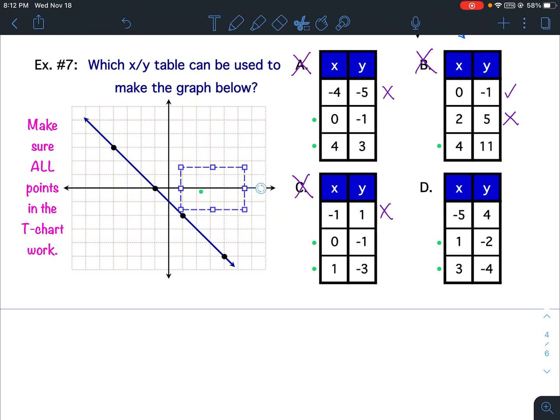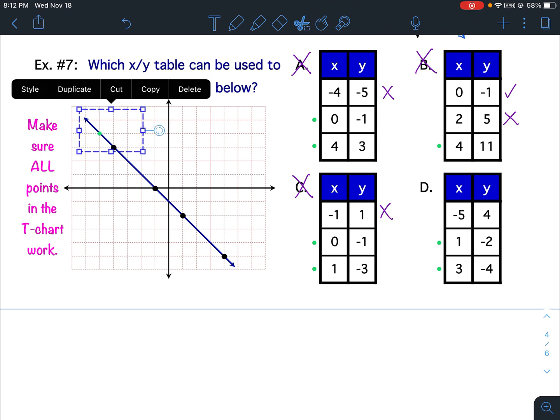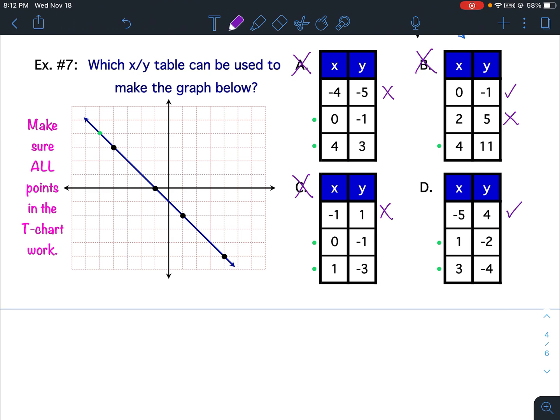So let's start with -5, 4. -5, 4 falls on the graph, so that one works. Put a check mark beside that. 1, -2. So over 1, down 2.